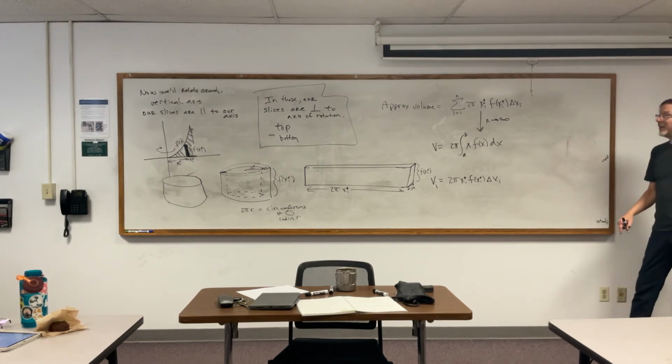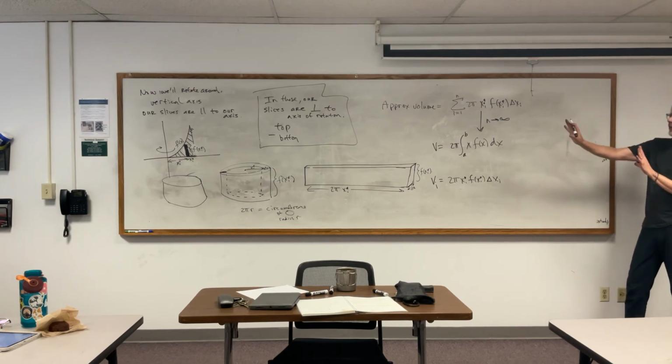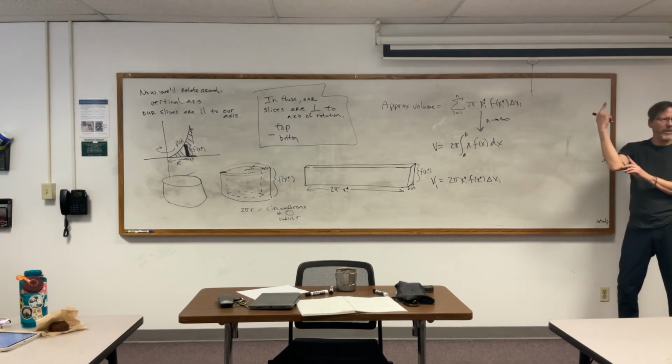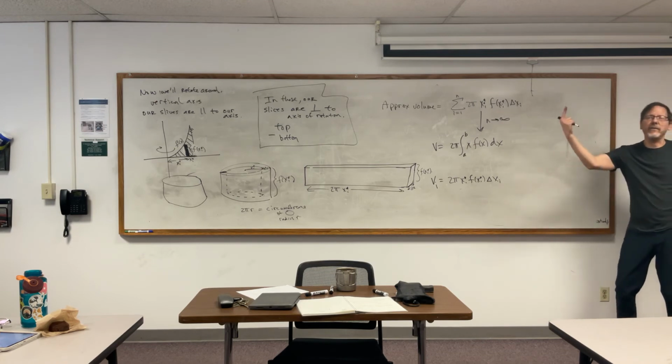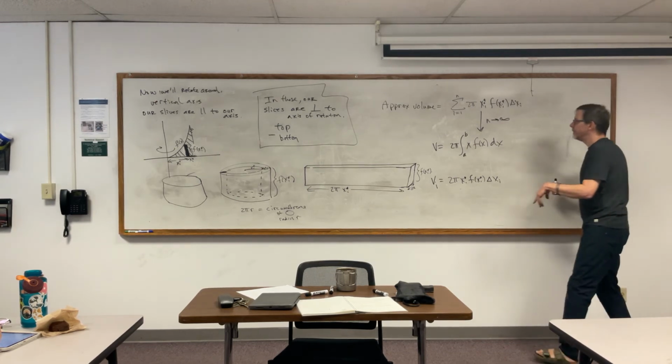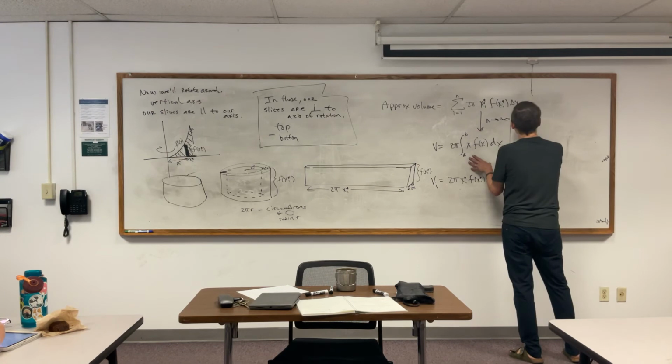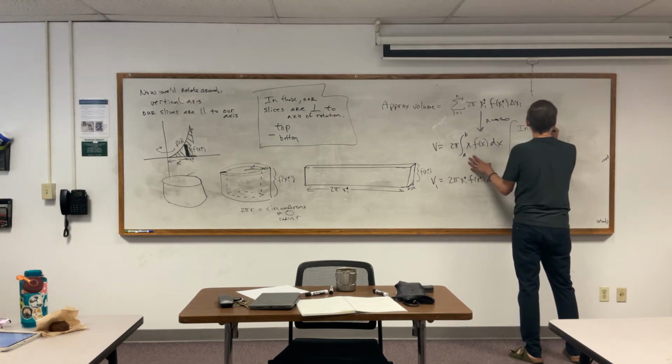I'm going to make it look a little different. This is just around the y-axis, but we're going to do different axes. So in general, here's the mnemonic way to do it.